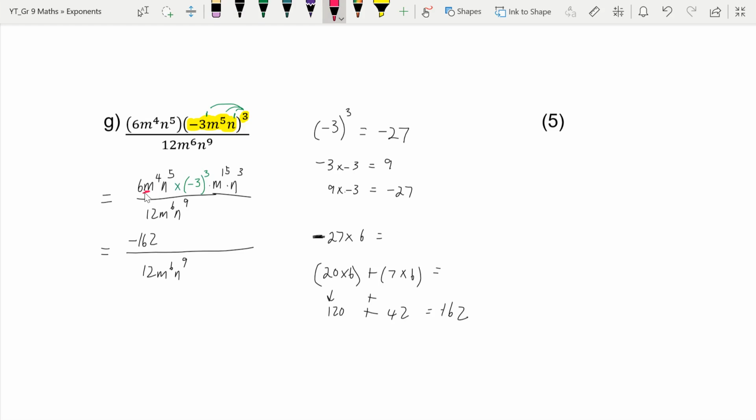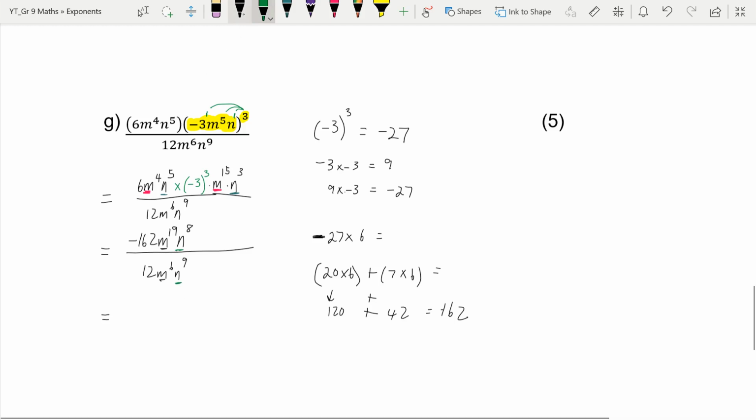Let's simplify that because everything is being multiplied. So for our base of m, 4 plus 15, which would be 19, and then n would be 5 plus 3, which is 8. Okay, so we've simplified the numerator. Now let's simplify everything else. So now we are dividing. The law of exponents says that if we are dividing and our bases are the same, we're going to subtract the exponents.